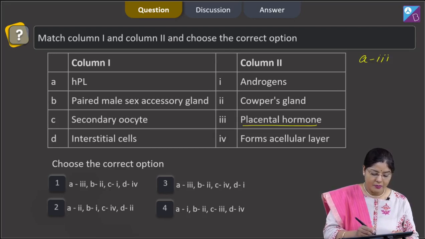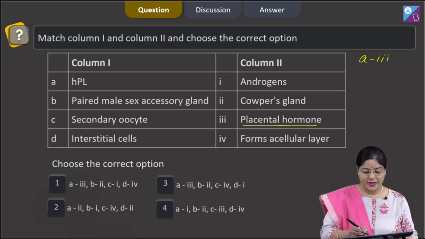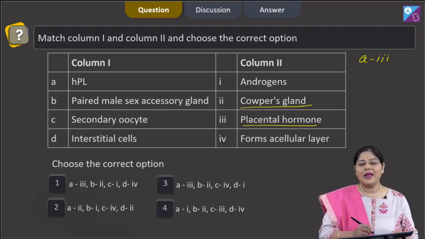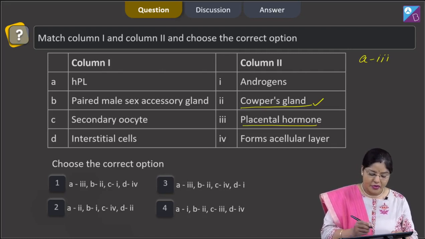B, paired male sex accessory gland, and paired male sex accessory gland is Cowper's gland. Male sex accessory glands include prostate gland, bulbourethral gland, also known as Cowper's gland, and seminal vesicles. Seminal vesicles and Cowper's glands are paired while prostate gland is unpaired. So, B matches with 2.